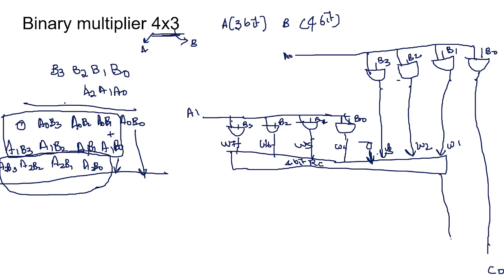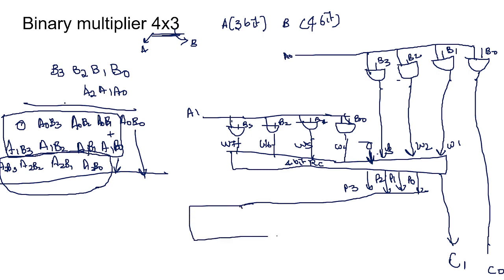This will give me one carry output, the final sum multiplier output C1, and this will give me 4 other outputs. So define P3, P2, P1, P0. This I will apply through another RCA, another 4-bit ripple carry adder block.